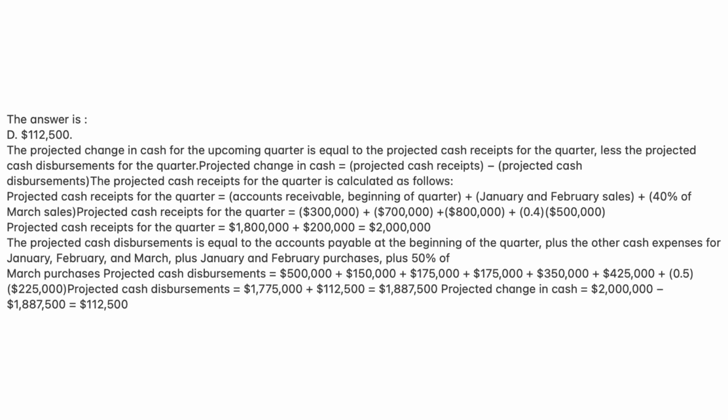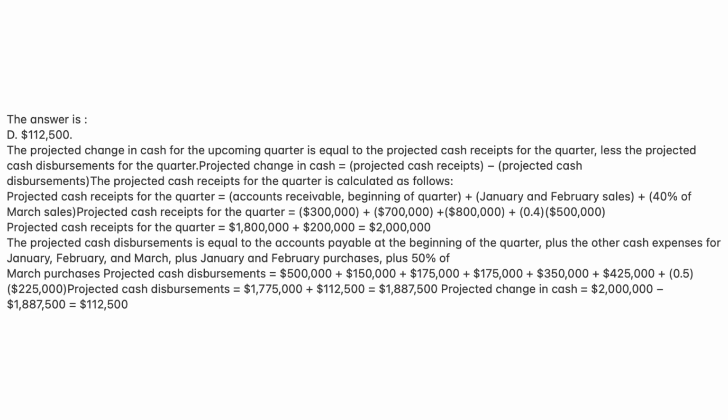$112,500. The projected change in cash for the upcoming quarter is equal to the projected cash receipts for the quarter, less the projected cash disbursements for the quarter. Projected change in cash equals projected cash receipts minus projected cash disbursements. The projected cash receipts for the quarter is calculated as follows. Projected cash receipts for the quarter equals accounts receivable, beginning of quarter, plus January and February sales, plus 40% of March sales.